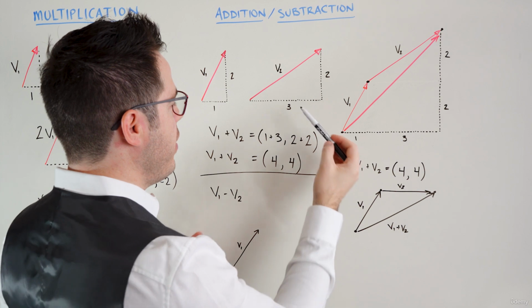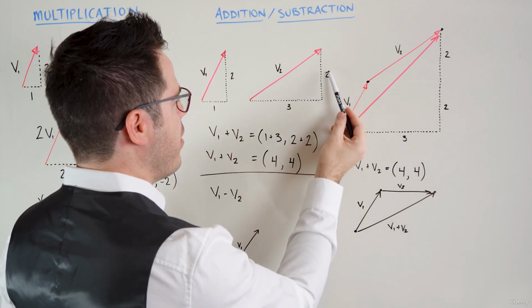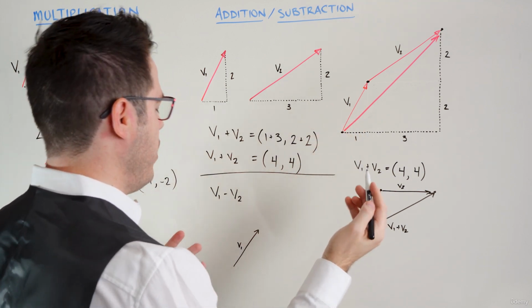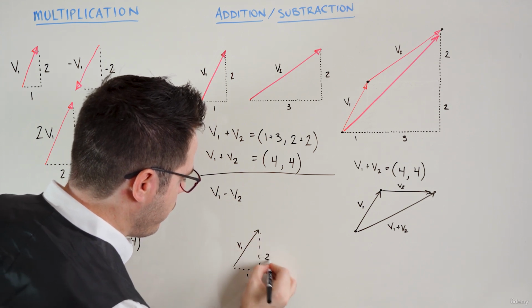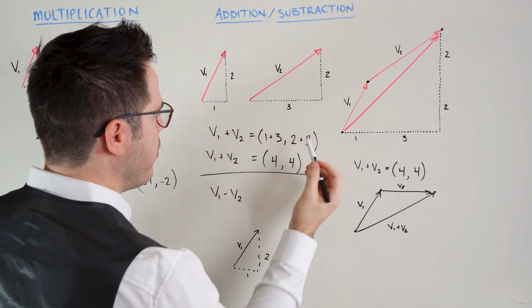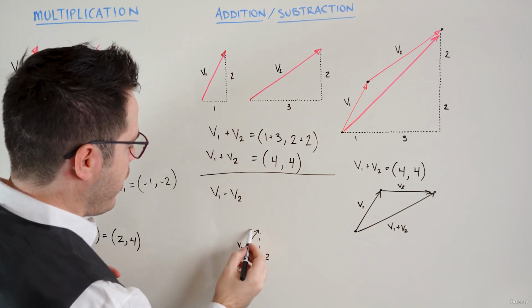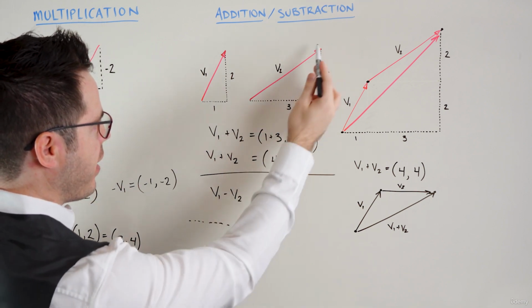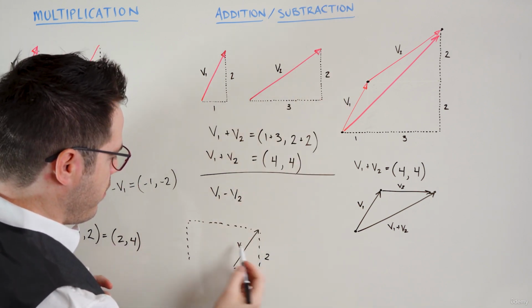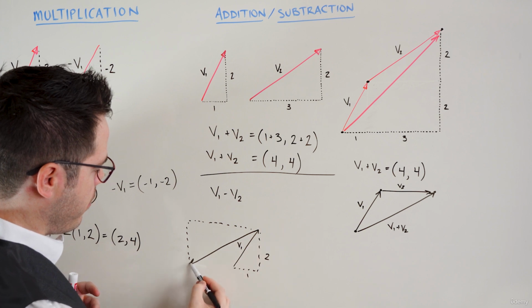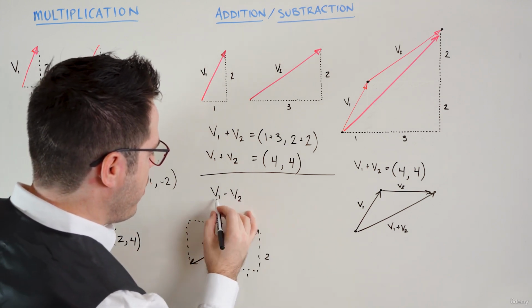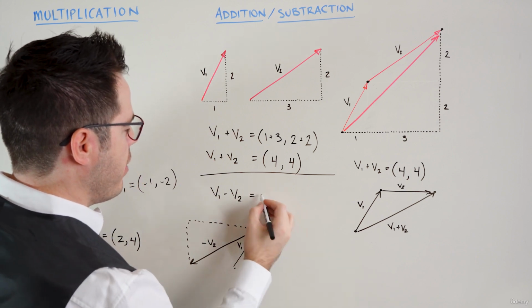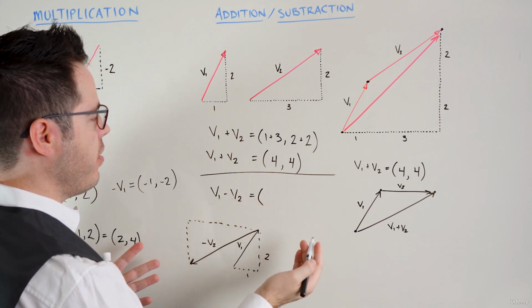Well, all we have to do is simply multiply x and y for v2 by negative 1. So v1 is the vector 1, 2, and negative v2 is the vector negative 3, negative 2. So it's this vector. This is negative v2. So v1 minus v2 is v1 plus negative v2.